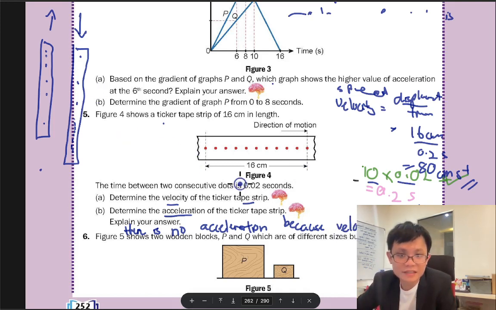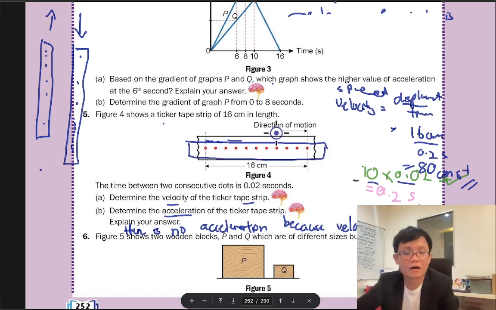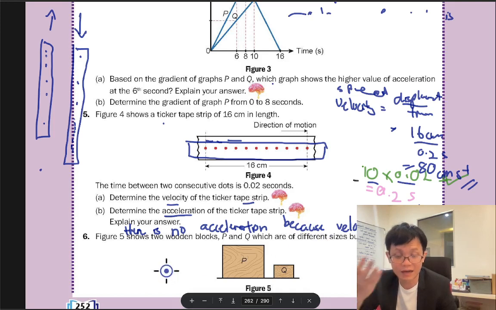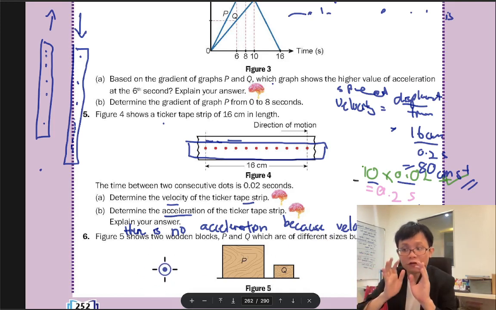Because here all the velocity is the same, as all the dots are the same size. Let's say for 4 marks, the velocity is constant because for every 2 dots the distance is the same. Or let's say it's 3 marks.